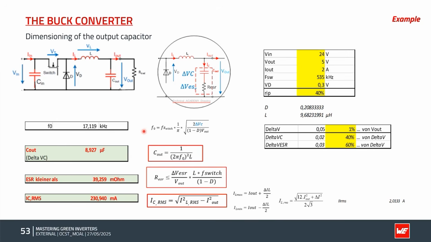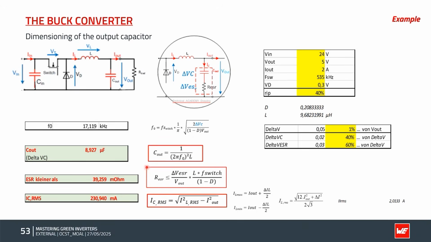Having known now F0, I can substitute in the C out equation, second equation down, and now we can calculate the value of C. Next, I can calculate the value of the ESR of that capacitor that I want. So it's 8.9 microfarads. What is the ESR needed? I can just say, okay, I need 30 millivolts of delta V across the ESR.